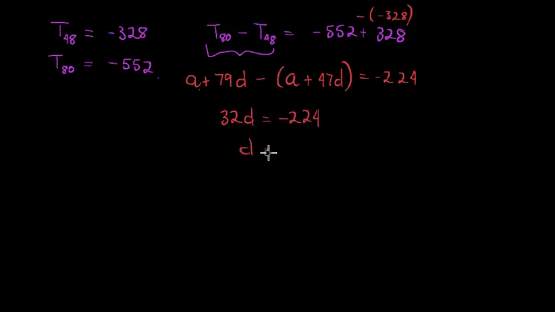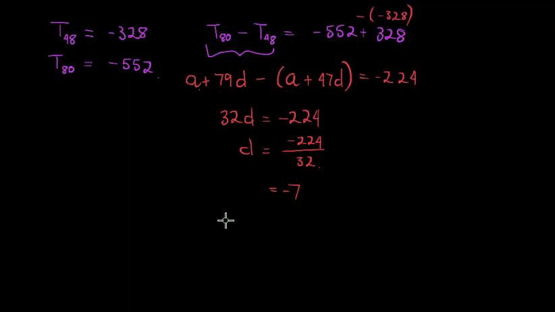Now we can just divide by 32 on both sides. 32 divides in there 7 times. So D is negative 7. Oh yes, of course.